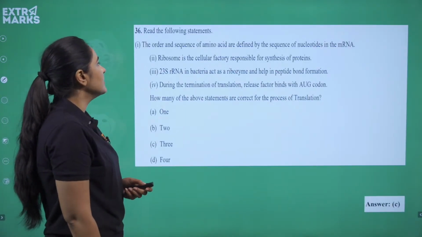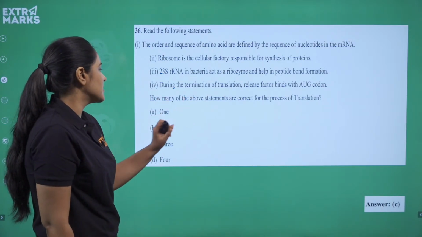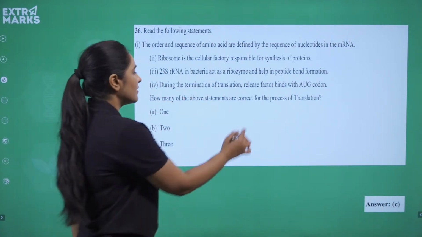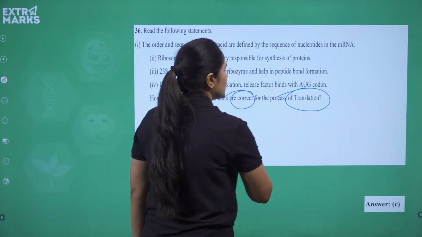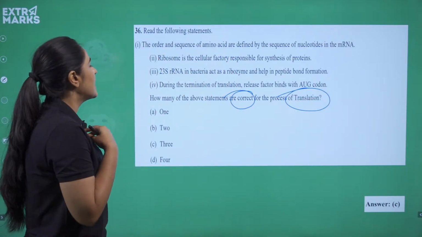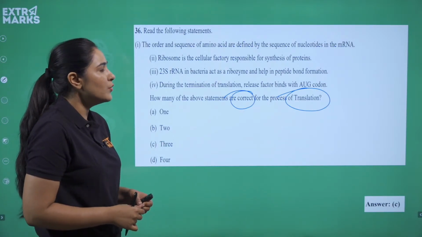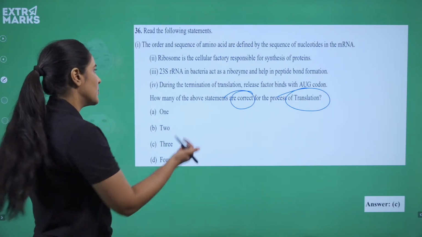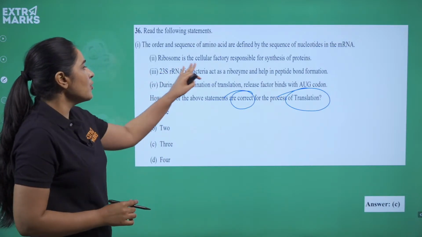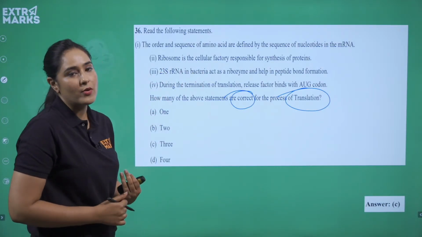Another question: read the following statements and see how many of the statements are correct for translation. The first statement says that the order and sequence of amino acids are defined by the sequence of nucleotides in the mRNA. This one is correct obviously. Ribosome is the cellular factory responsible for synthesis of proteins.